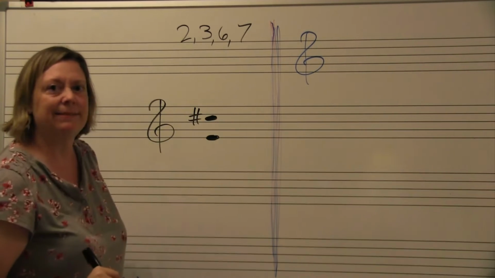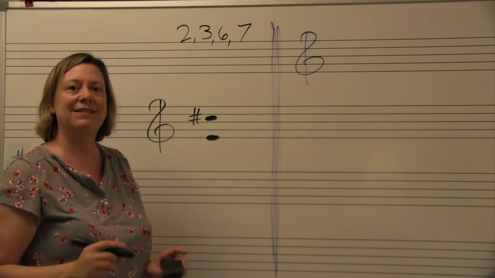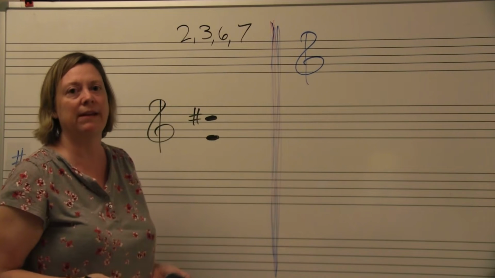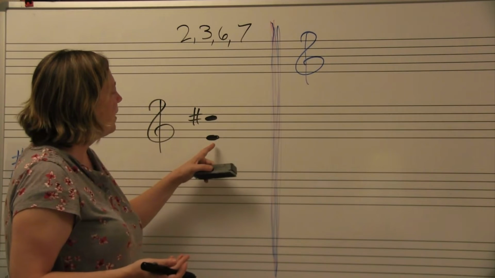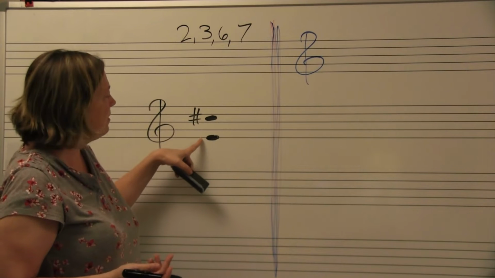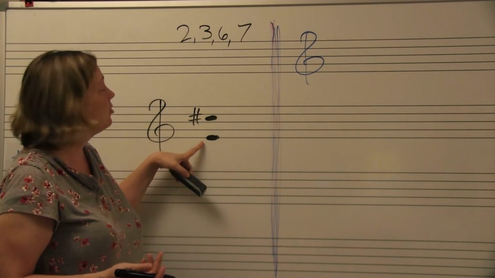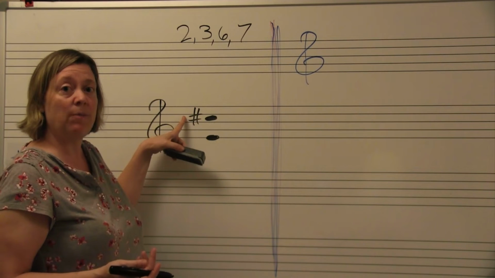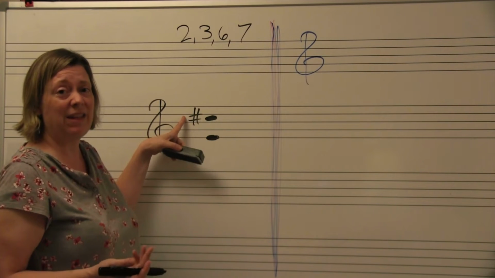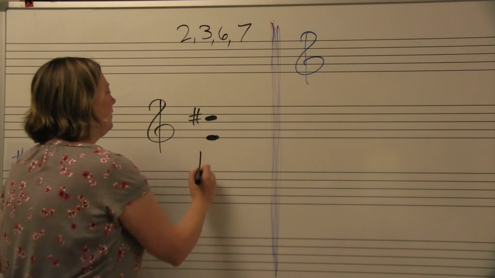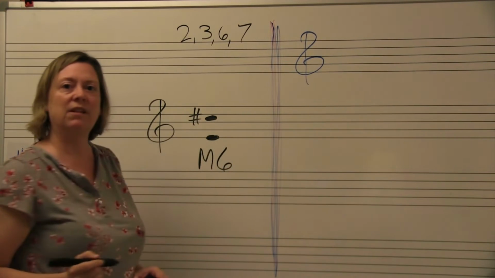Here's a sixth. A sixth has 9 half steps. That would be a pain to count up. But you could say, if I were in the major key of this bottom note, E, if I were in E major, would C sharp appear there in that scale or in that key? Yes, this is a major sixth.